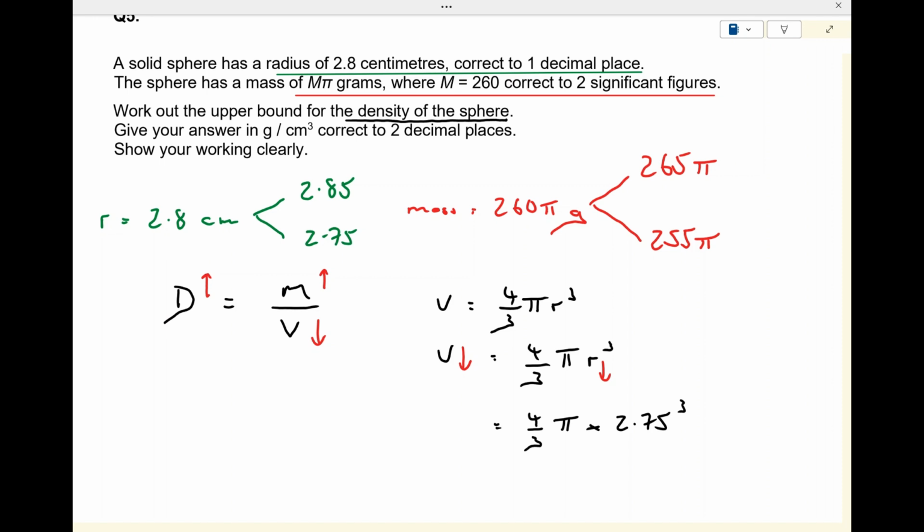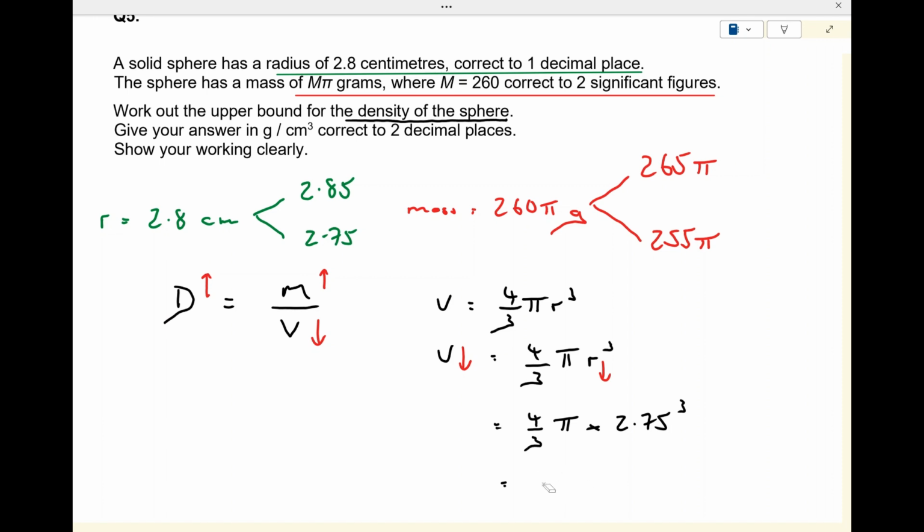So on my calculator, I'm going to work out 2.75 cubed, and then I'm going to multiply that by 4/3, which gives me 1331.